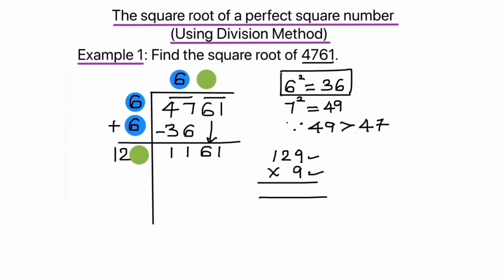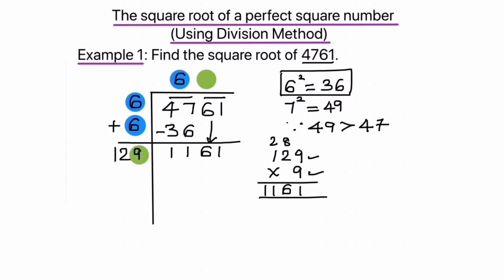So let's multiply. 9 times 9 gives 81. 9 times 2 is 18. 18 plus 8 is 26. 9 times 1 is 9 plus 2 is 11. This is exactly the same as our dividend. So we are going to choose the largest possible digit as 9.